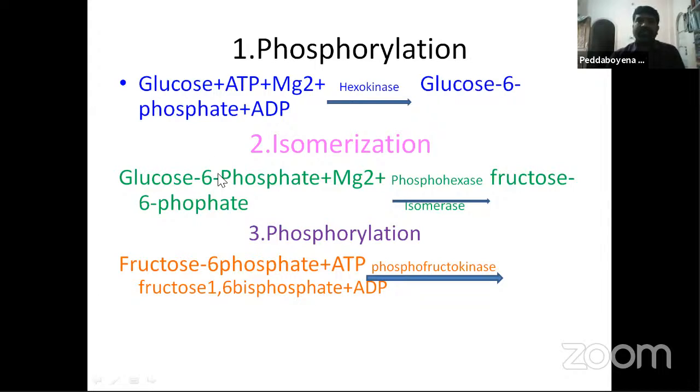So clear? The glucose, first one also phosphorylation. Here also ATP acts as a phosphate donor. So these two are the investment reactions, investment phase. One is phosphorylation, the first reaction, and the third reaction is phosphorylation.